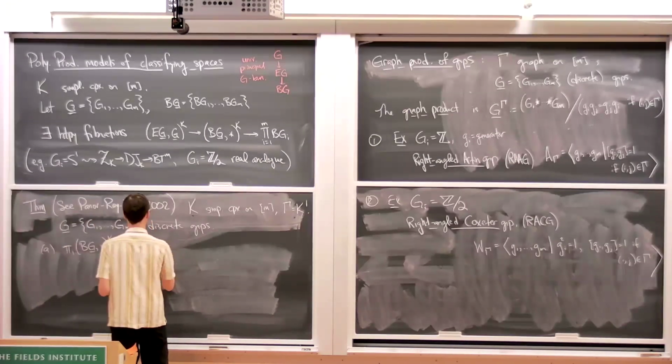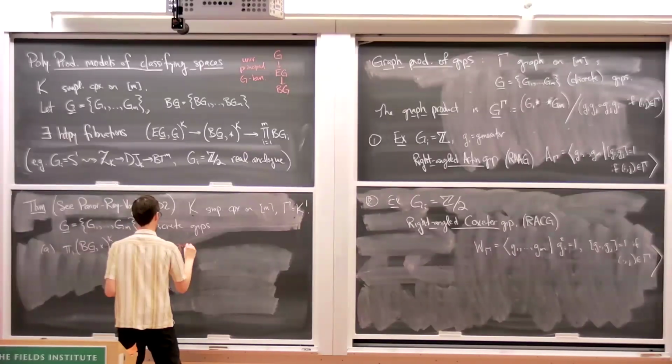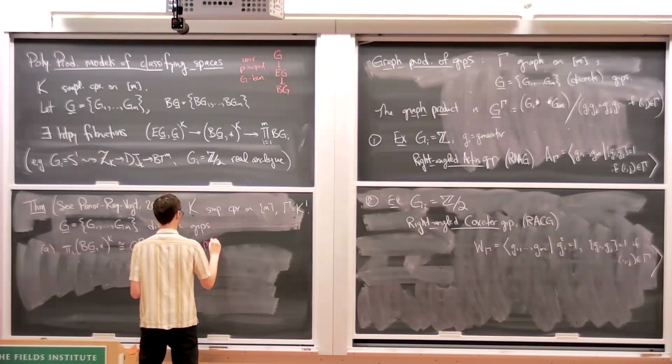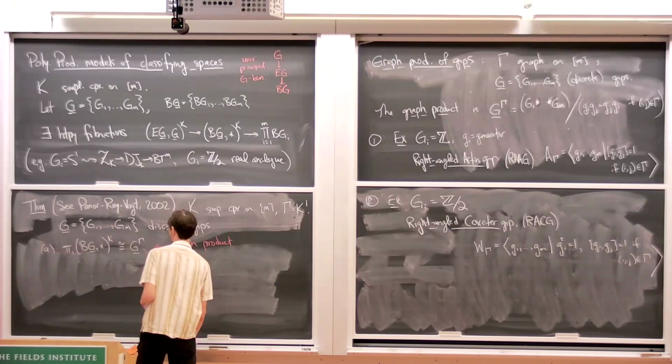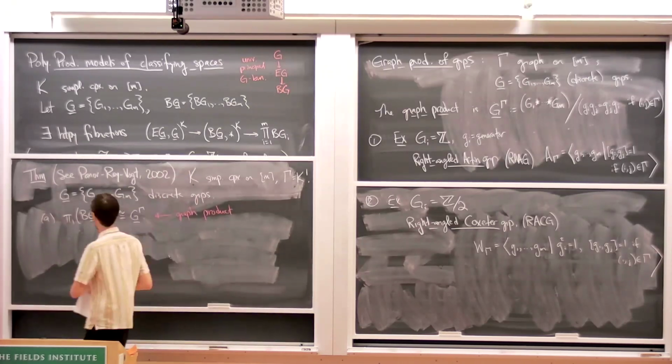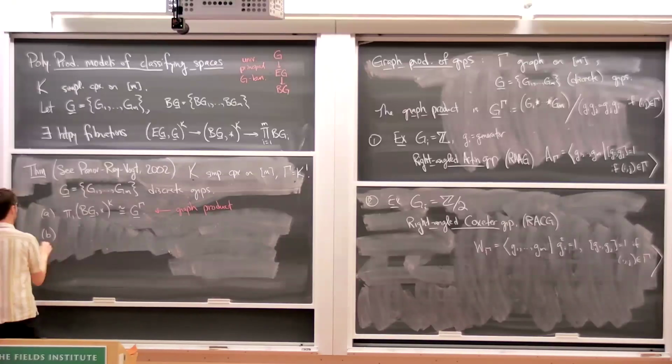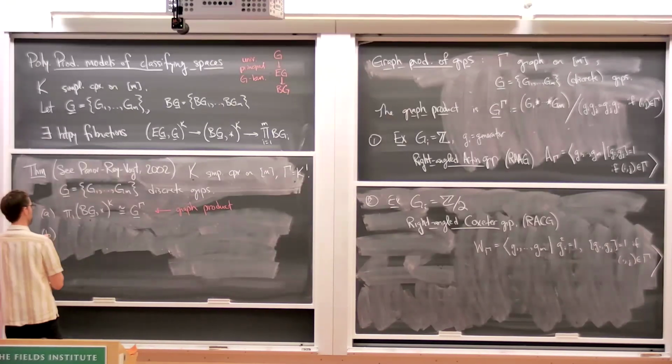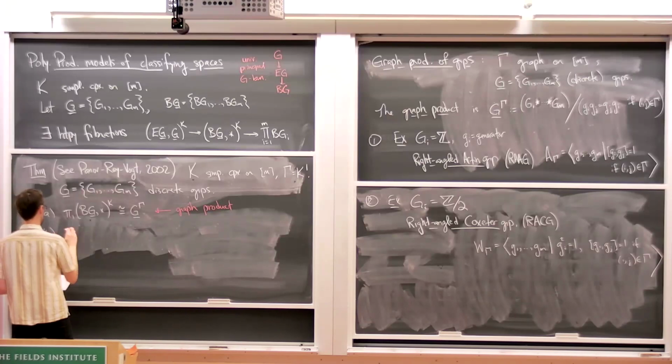So remember this thing on the right. It's a graph product of groups. And then part B is going to say, we have this fundamental group, but it'll be aspherical. We'll have no higher homotopy groups precisely when K is flag. So let me phrase that.